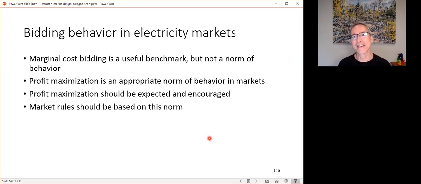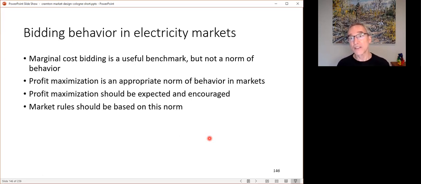And that's really problematic. Thou shalt bid your true costs. And that's very problematic because it's hard to verify what true costs are. In the context of electricity markets, it is possible to at least get a pretty good idea what somebody's costs are.